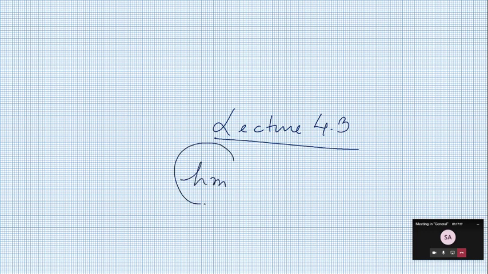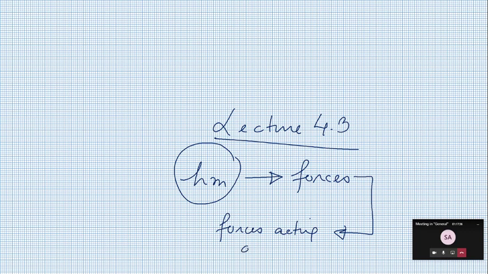The continuing lecture, lecture number 4.3. We were discussing how to derive HM, and we initially proposed that with the knowledge of HM, we would be able to calculate forces. A few minutes back I told you these would be forces acting on an abrasive grid.